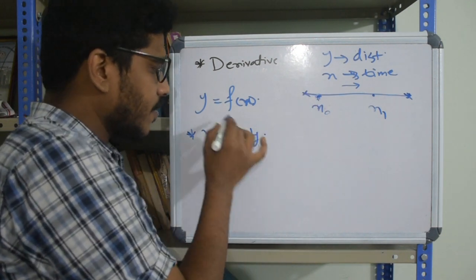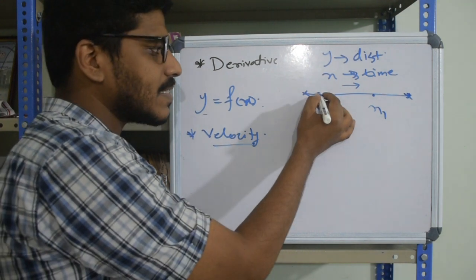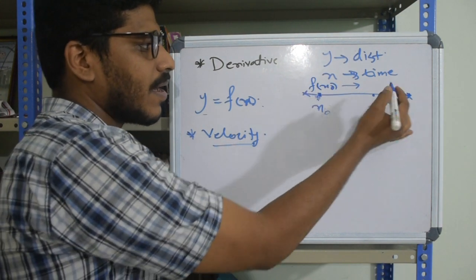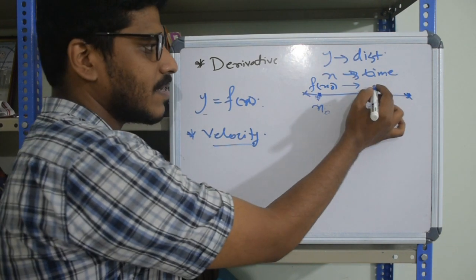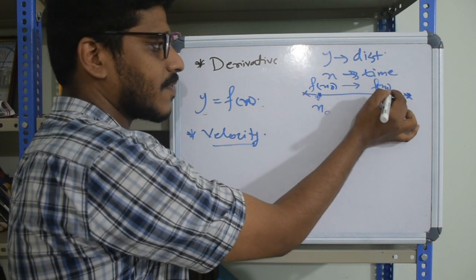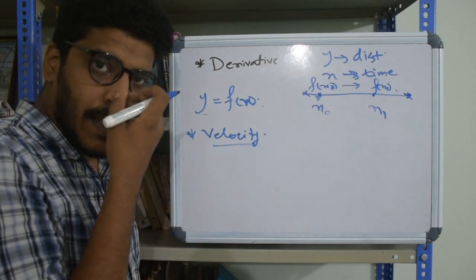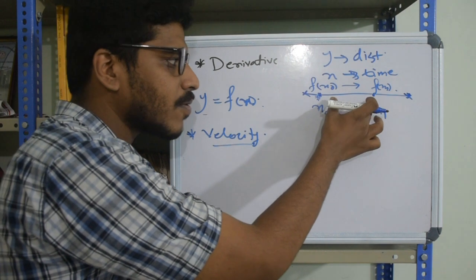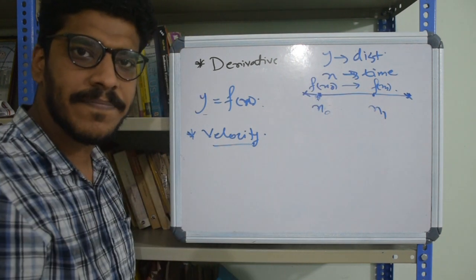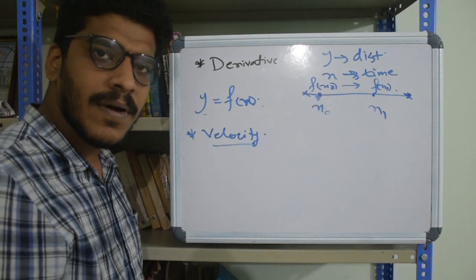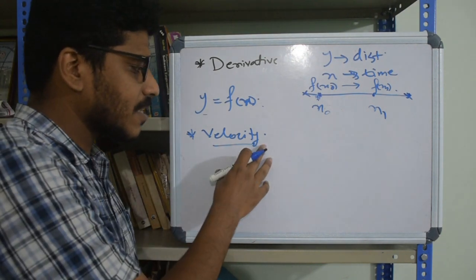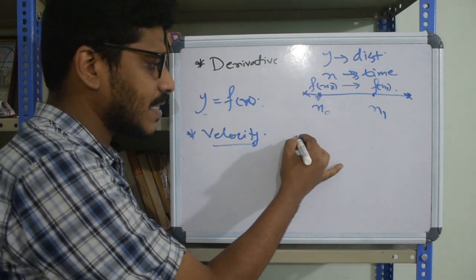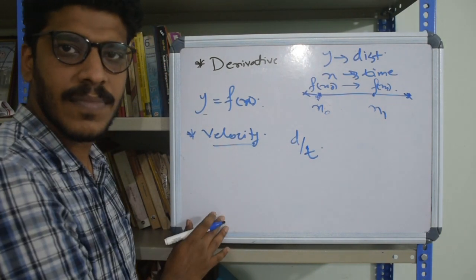And from this expression, we know the distance traveled at this point is actually f of x naught, and the distance traveled by this time x1 is f of x1. Right. Now can we make use of this information to find the average velocity between these two points of time? As we know, velocity, or the speed or whatever, in that sense, is actually distance by time. Right.